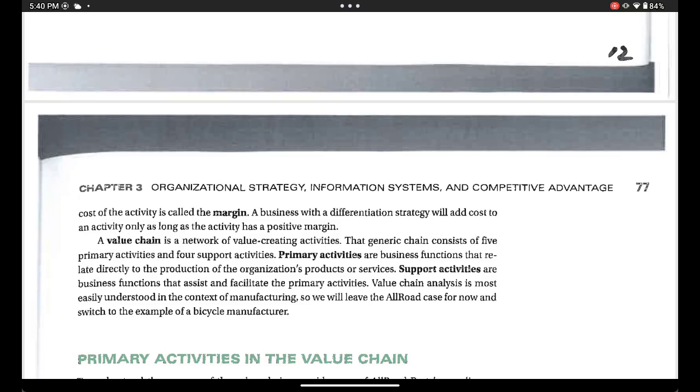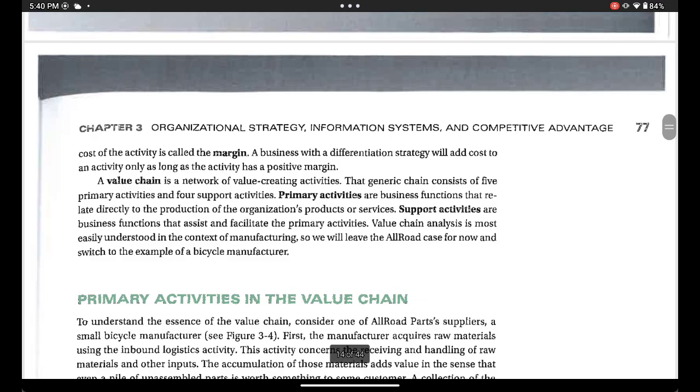Because if you're going to add a value chain that's going to make your product too expensive, if you're not going to sell it for profit more than the cost, then that's a loss. So you see what I'm trying to say? So the margin must always be positive, right? So as long as differentiation strategy is positive margin. Makes sense.